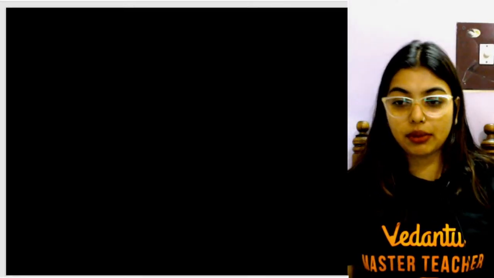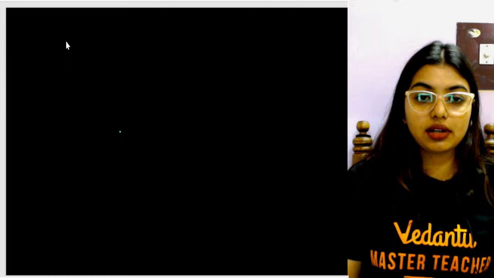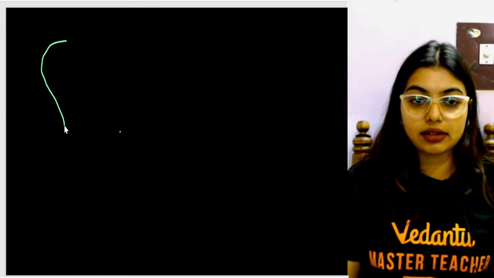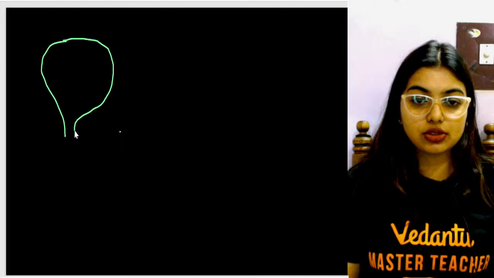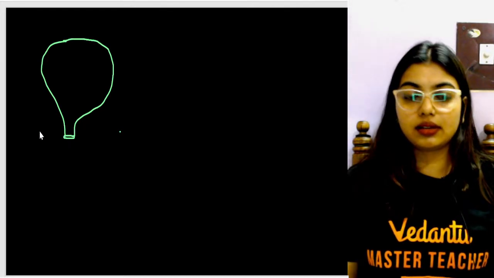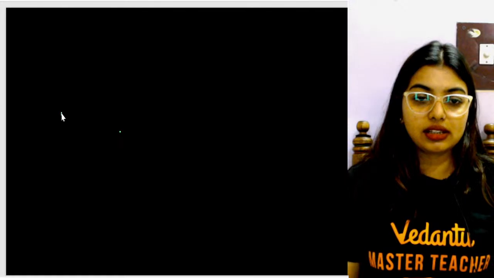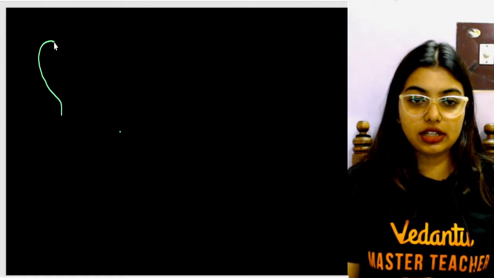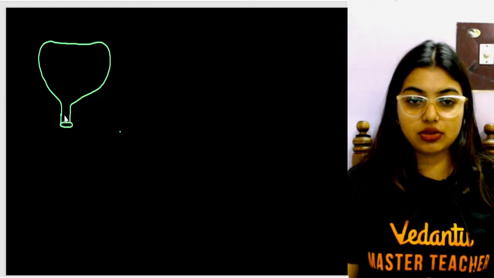Now, before I go into the next paragraph, I hope all of you remember last class I had taught you the trigone of bladder. How many of you remember? This is your urinary bladder. It looks like the balloons, parachute.